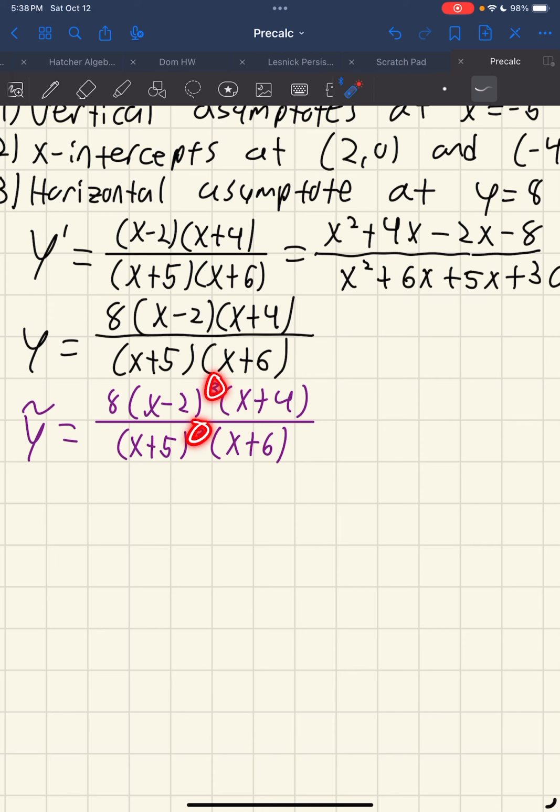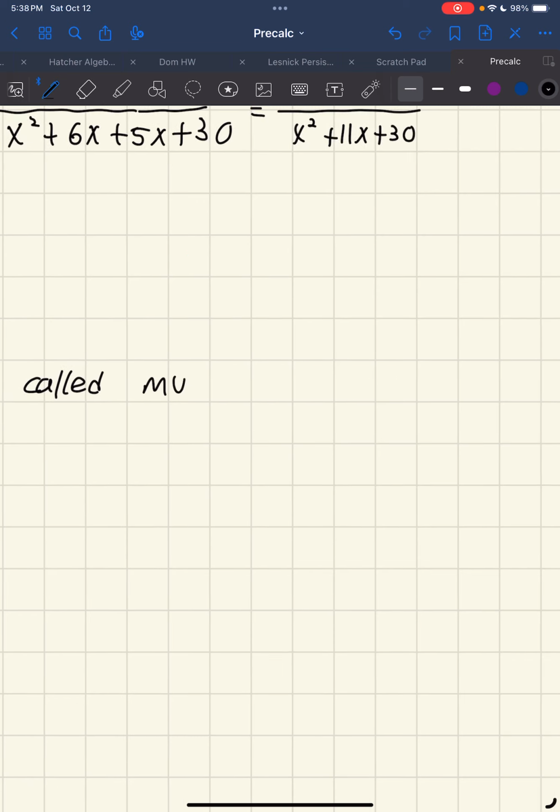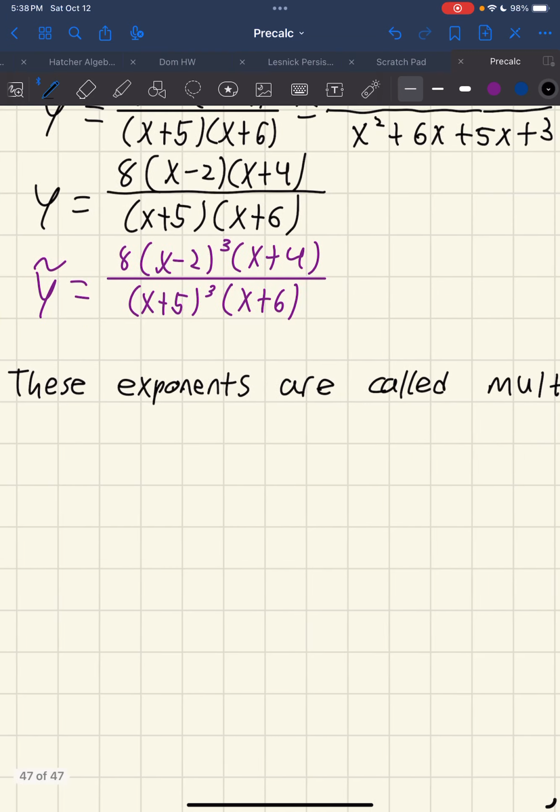These exponents get a fancy term. There's not a great definition for it, but maybe some of you have heard of them before. They are called multiplicities. We will not dive much into multiplicities, largely because I think the best way to look at multiplicities is with more calculus.